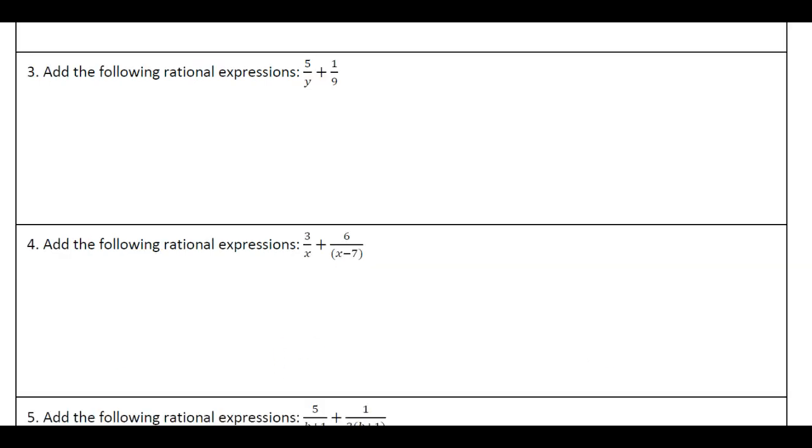Now, following the same protocol here, what will be our common denominator? Well, it would be the combination of this, 9y. Now we're allowed to multiply this by a 1. We want to make it a 9y. So we're going to multiply this by 9 over 9, which is a 1.